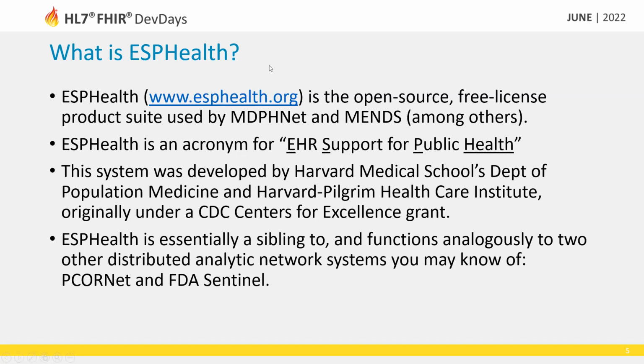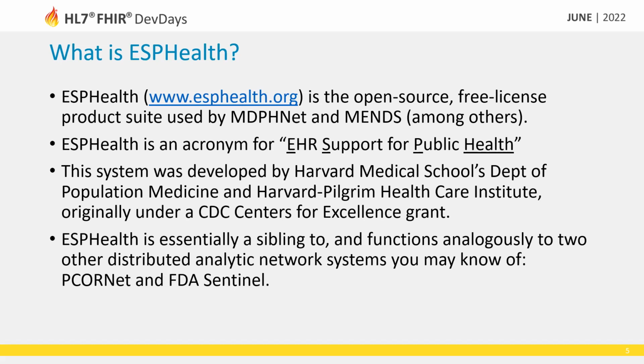ESP Health is the open source free license product suite used by MDPHNet and MENDS, among others. It's an acronym for EHR Support for Public Health. It was developed by Harvard Medical School's Department of Population Medicine and the Harvard Pilgrim Healthcare Institute. First funding for it was from 2005 under a CDC Centers for Excellence grant. And it's been used for a number of things.